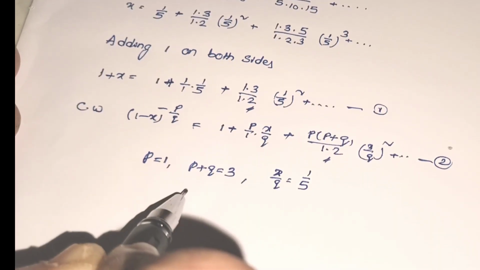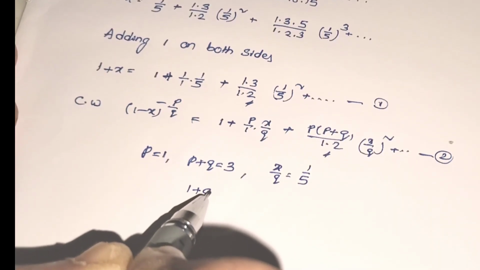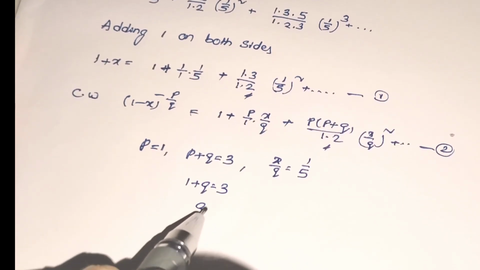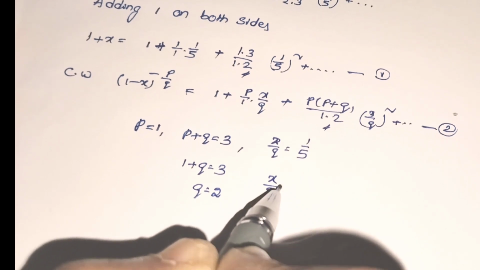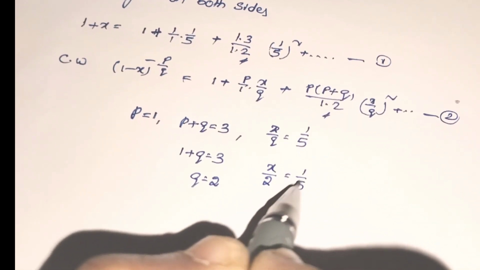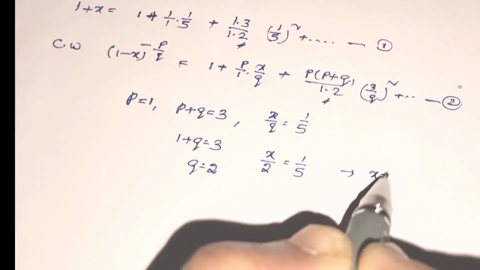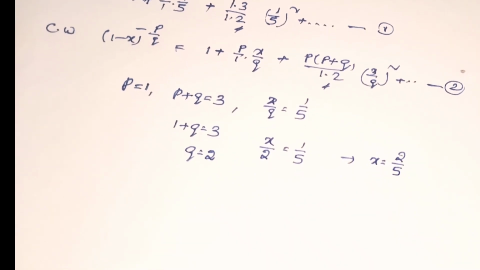Okay, p is equal to 1 means here 1 plus q is equal to 3, so the value of q is equal to 2. Now substituting q is equal to 2 here, x by 2 is equal to 1 by 5, then the value of x is equal to 2 by 5.